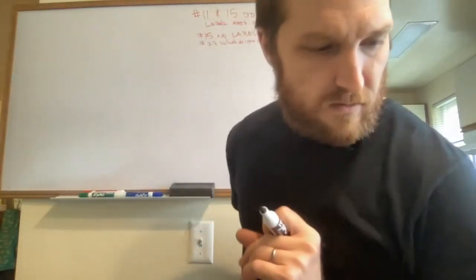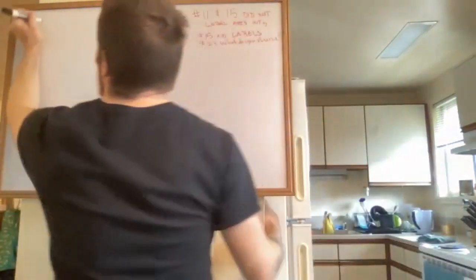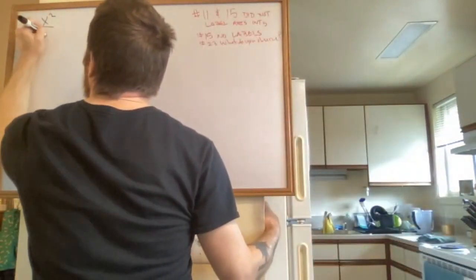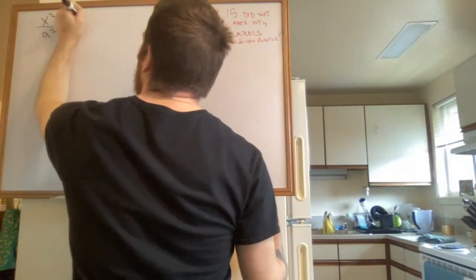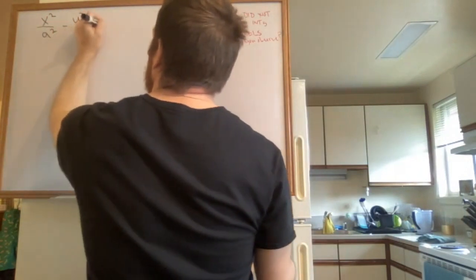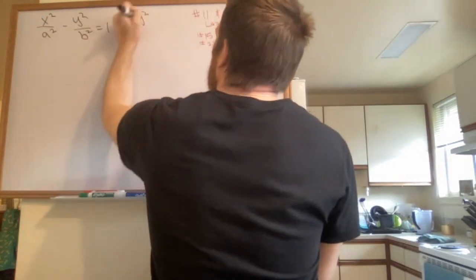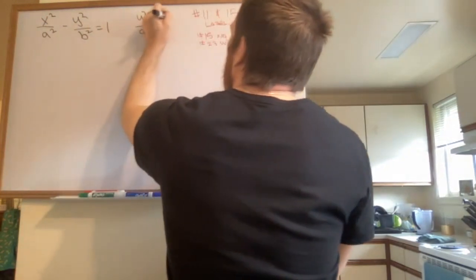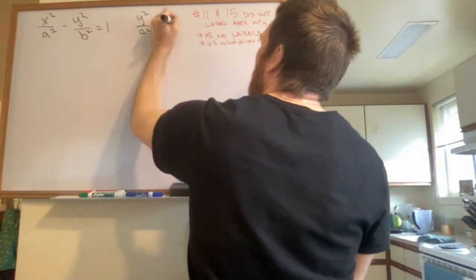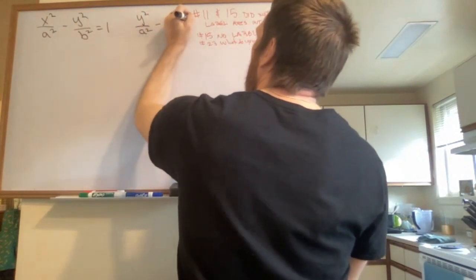So we have both x squared over a squared minus y squared over b squared equals 1, and we have y squared over a squared minus x squared over b squared equals 1.